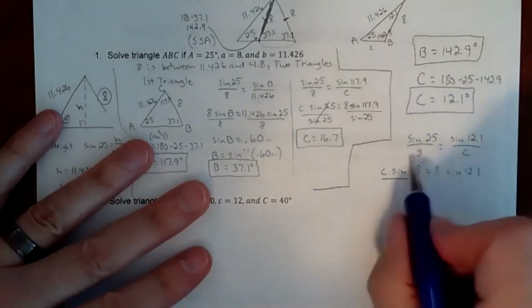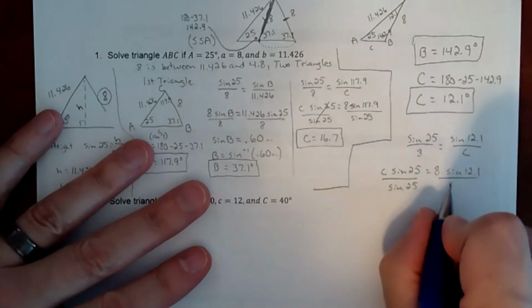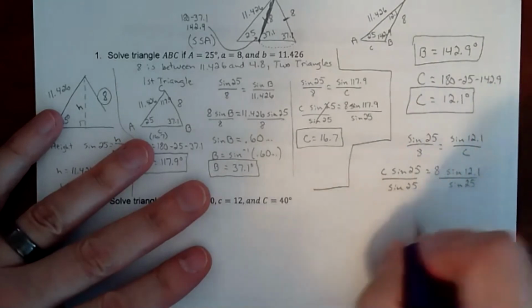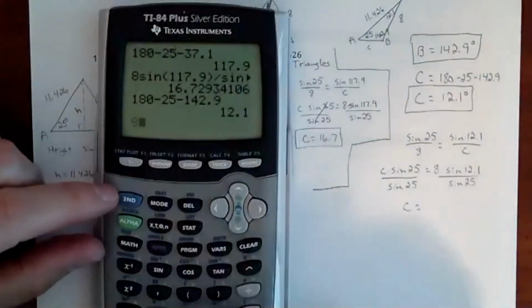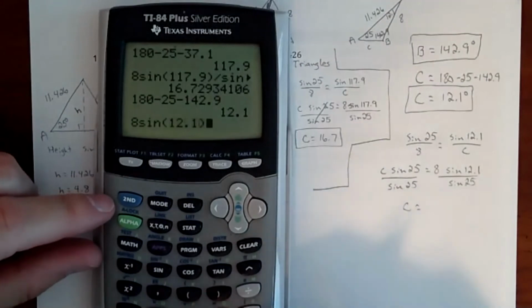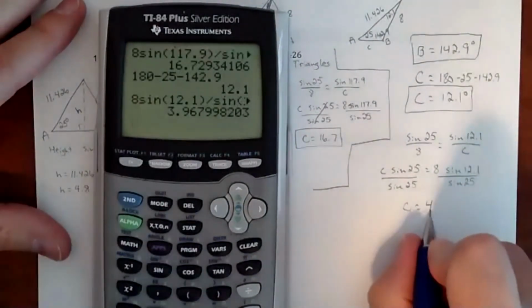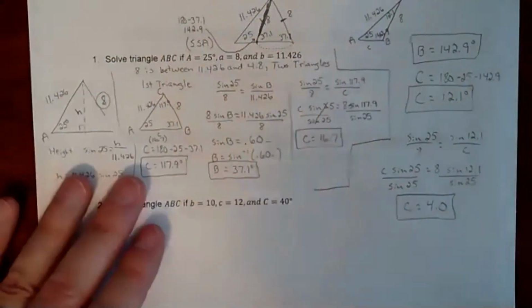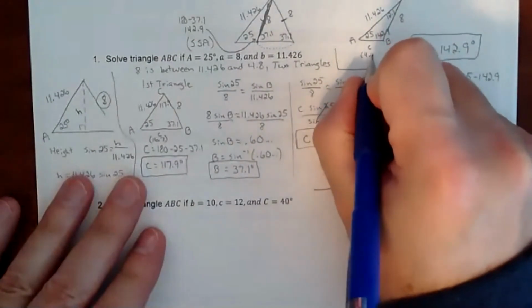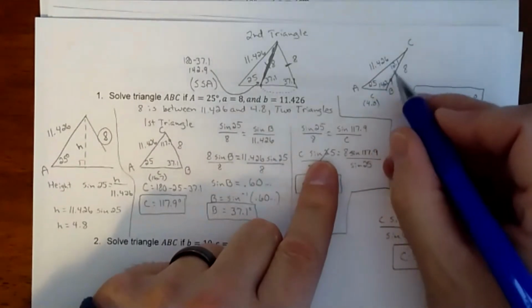Okay, so we have that cross product equaling that cross product, divide by sine of 25. So c is going to equal 8 sine 12.1 divided by sine 25. So we'll call that 4.0. So biggest angle now, biggest side, smallest angle, smallest side.